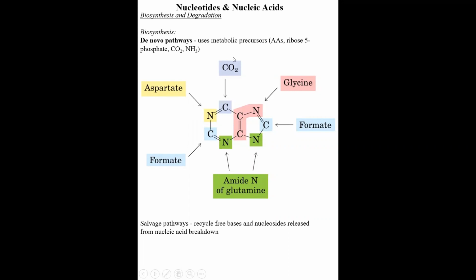The 6th carbon is donated by CO2, the 4th and 5th carbon and 7th nitrogen are donated by glycine, and the 8th carbon is donated by formate. So you should remember all these basic precursors, and from these precursors a 9-membered ring gets synthesized, and hence this pathway is known as the de novo pathway.